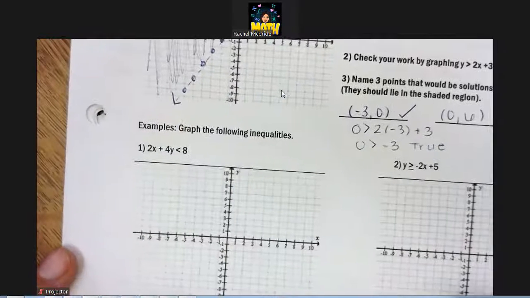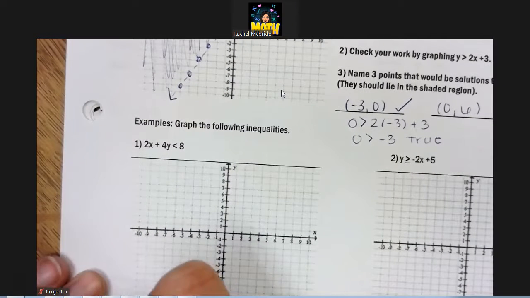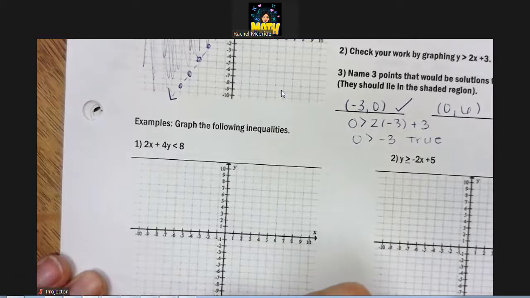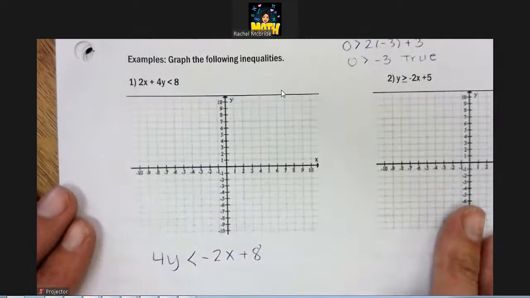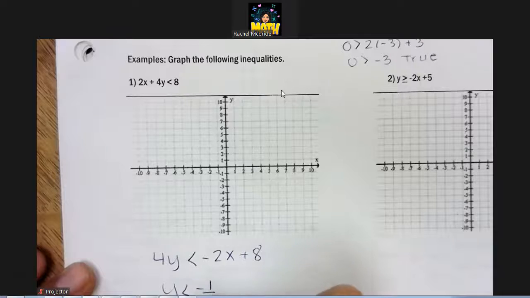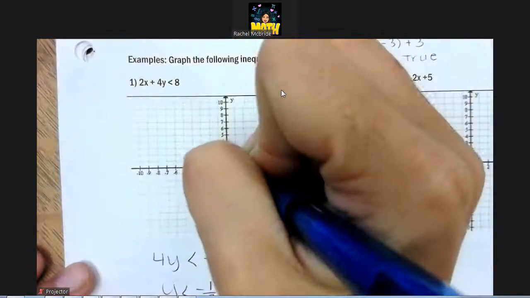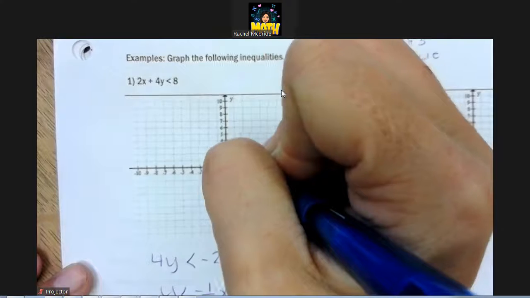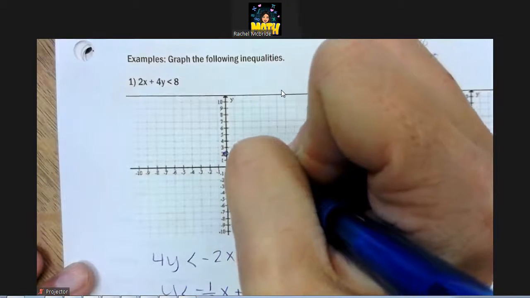If you just want to graph your points, that works also. But if you solve for y, you'd subtract 2x and divide by 4. So you get a y-intercept of 2 and a slope of negative 1/2.